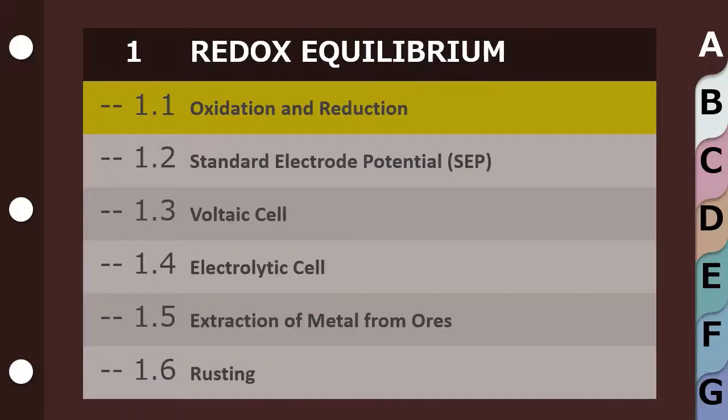In the first subtopic of redox equilibrium, we will discuss an introduction on how oxidation and reduction occur. It consists of oxygen, hydrogen, electrons, and oxidation number.